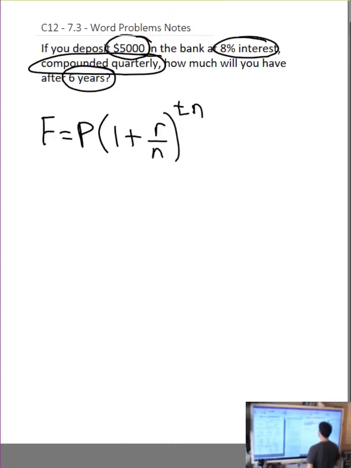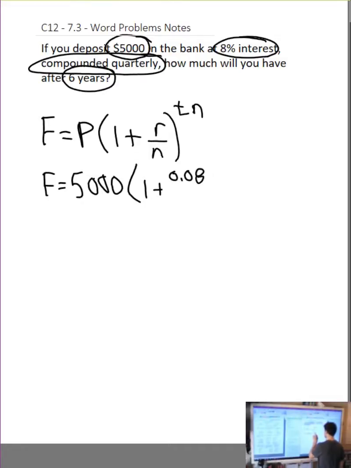So, we're looking for a future value. We have a present value of 5,000. 1 plus the interest rate, 8%, 0.08, over. Now, n is the number of times we compound per year. So if we're compounding quarterly, that's 4 times per year.